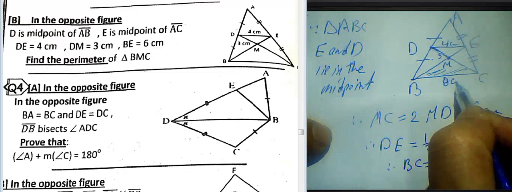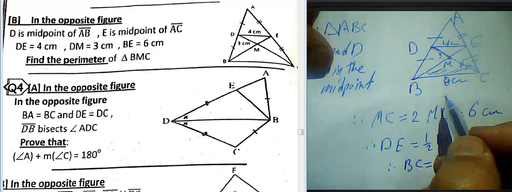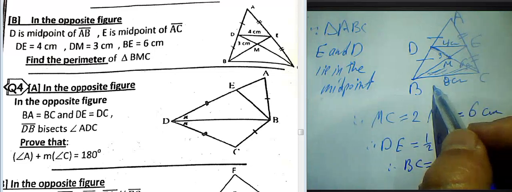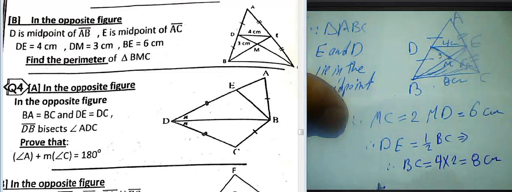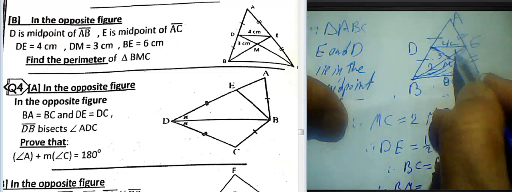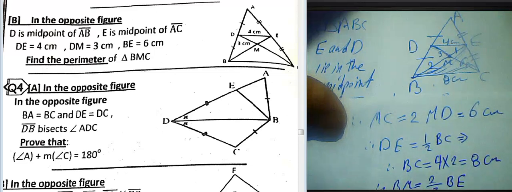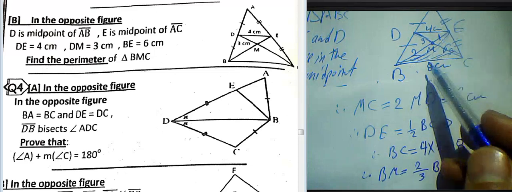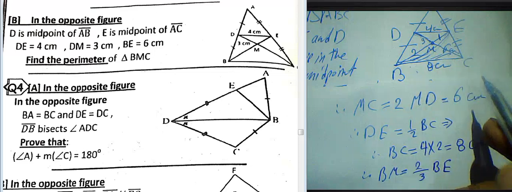Then we have 8 centimeters here and 6 centimeters, and he gave us DE equals 4 and BE equals 6. He gave us BE was 6 centimeters, and then BM will be 2 over 3 BE. Okay, the ratio between BM and ME is 2 to 1 because M is the point of intersection of the medians of the triangle.